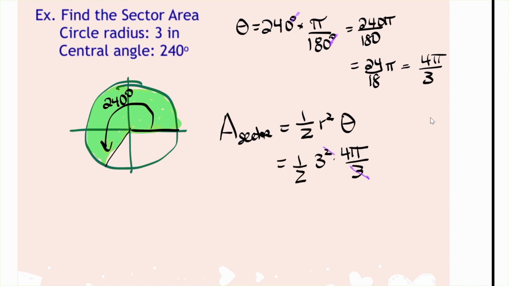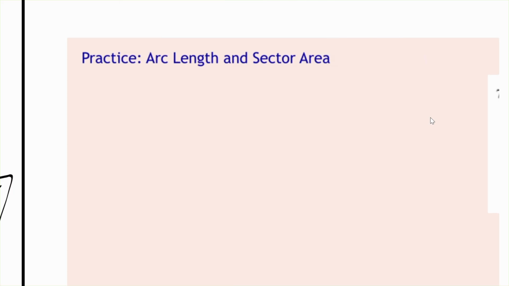And if I multiply across, I get 12 pi over 2. 12 pi over 2 is just 6 pi square inches, because when I square 3 inches, I get a unit of inches squared. So now you will have some time to work on arc length and sector area.